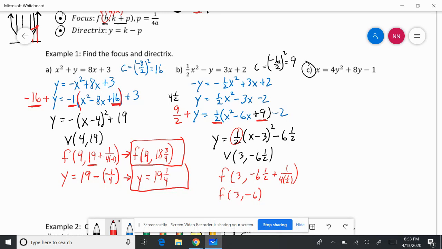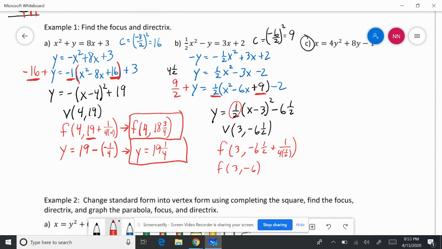And then for my directrix, I have y equals. And then what I'm going to do is take the negative 6.5 and subtract the 1/2. Remember, the 1/2 is coming right here. 4 times a half is 2. So that would be 1/2. And that, of course, gives me y equals negative 7.